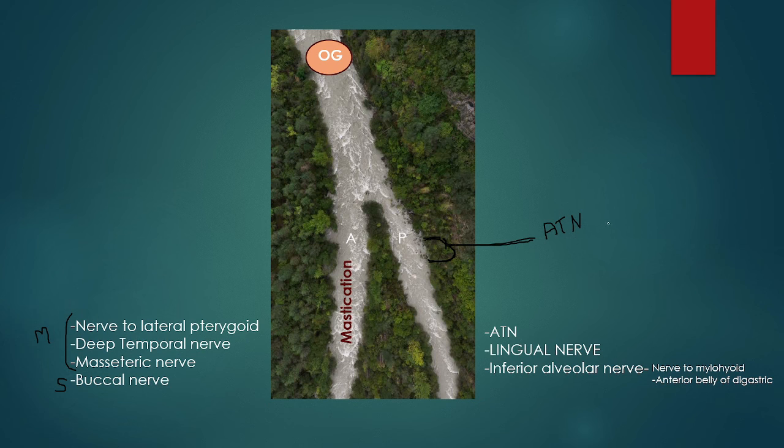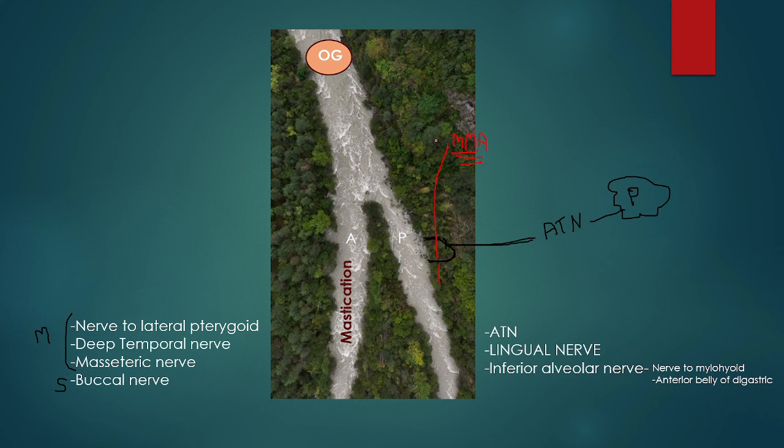Now this auriculotemporal nerve supplies a salivary gland, which is the parotid gland. Okay, simple. Now through this pin-shaped structure of the auriculotemporal nerve, an artery passes. Which is that artery? That artery is the middle meningeal artery. The clinical importance of this artery is that it is the artery which is damaged during extradural hemorrhage.